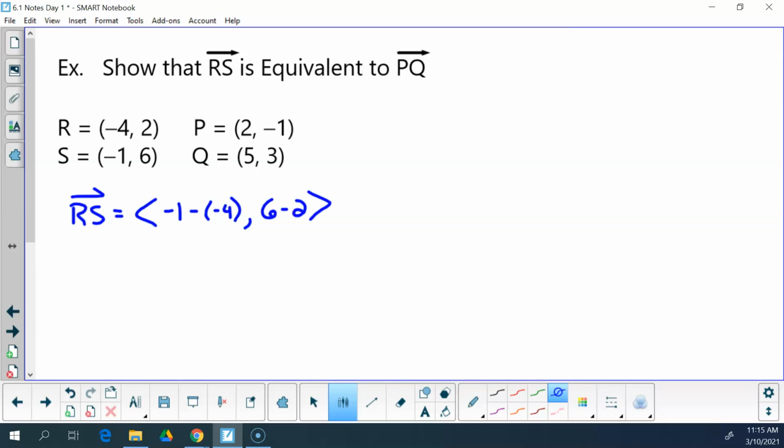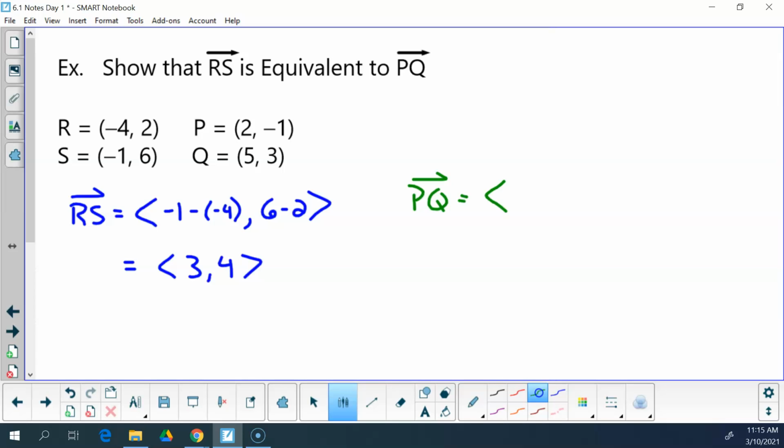Because S is the head, so that's the one that I take for that one. And that's going to give us our vector 3, 4. And then we need to find vector PQ.